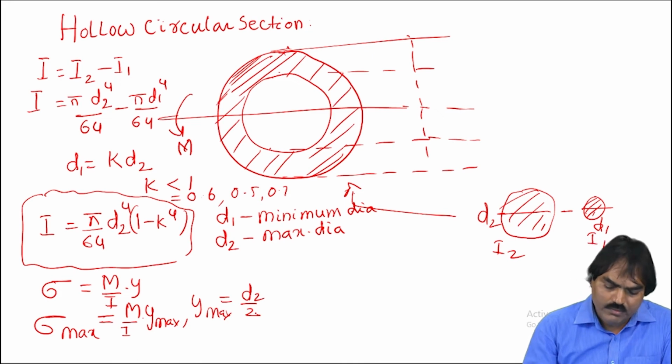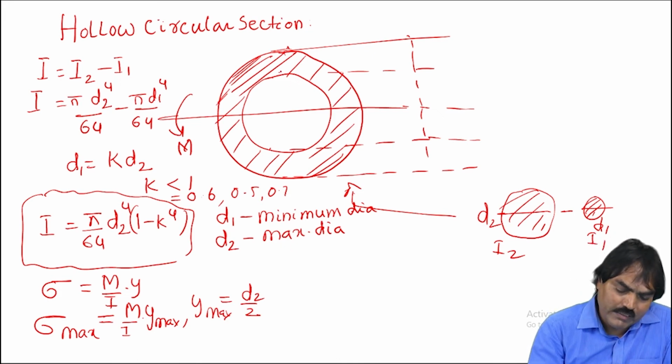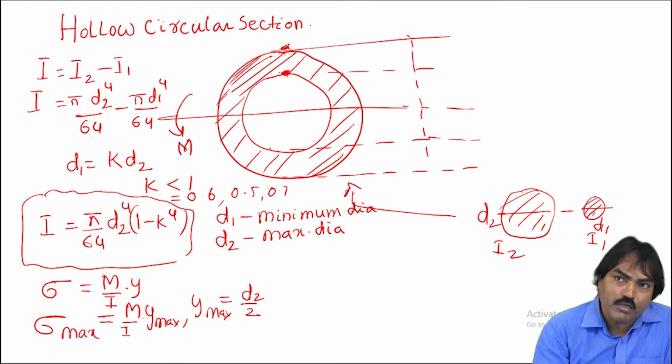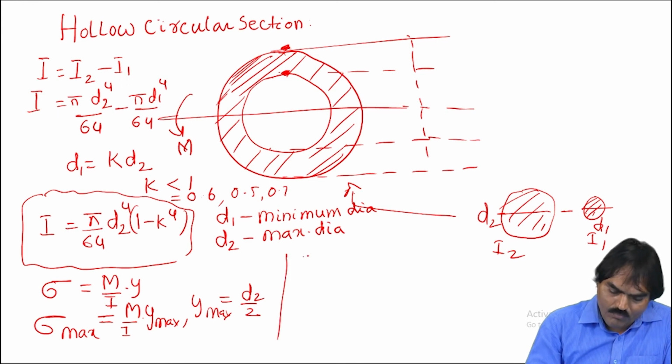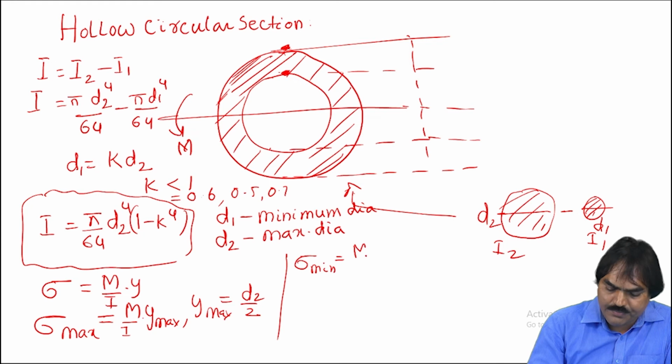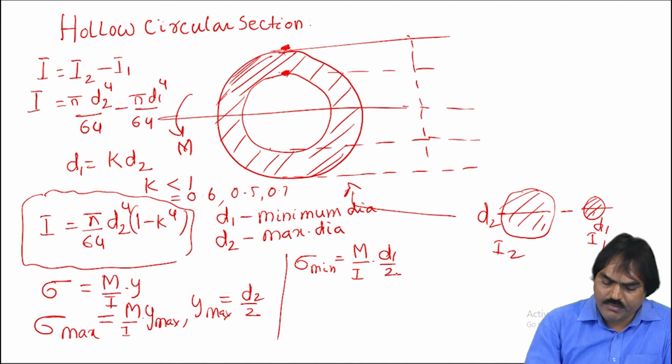Then the minimum bending stress occurs at the lower portion here. The maximum bending stress occurs at the top portion here. Sigma minimum is given by M by I into D1 by 2.